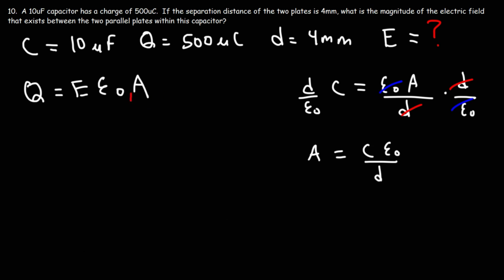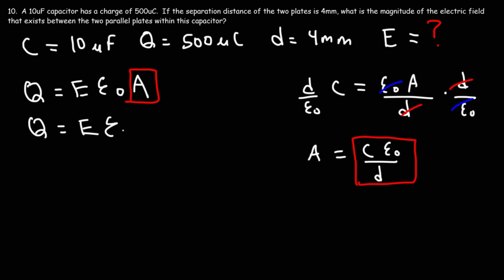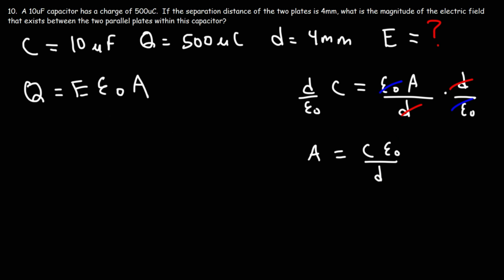So let's replace the area with this term. So we get Q is equal to the electric field times the permittivity of free space, and then times C times that over, actually I wrote that wrong. This is supposed to be C times D over epsilon.